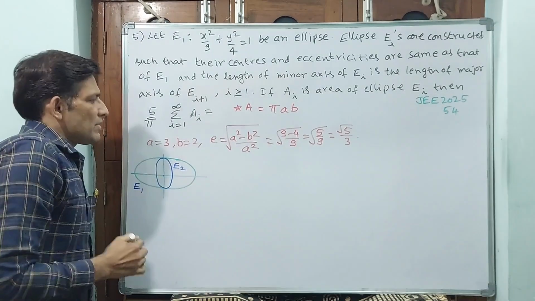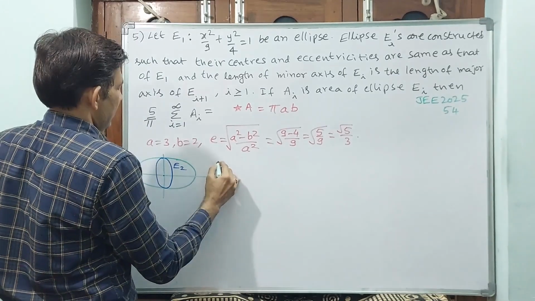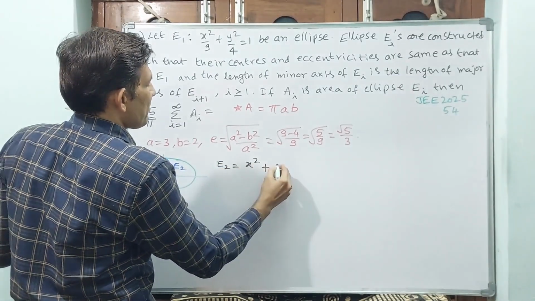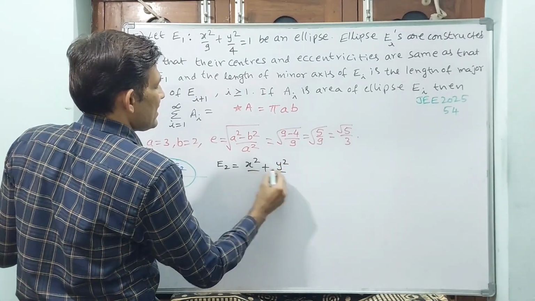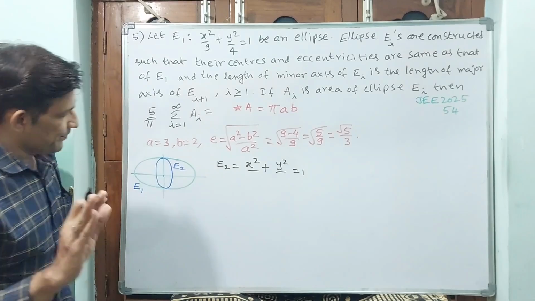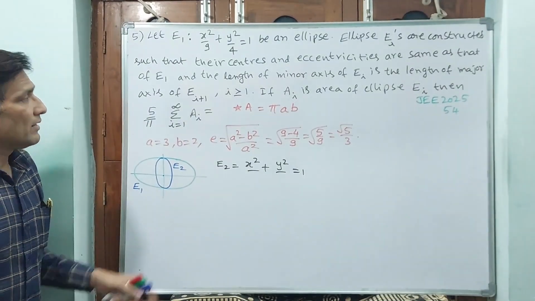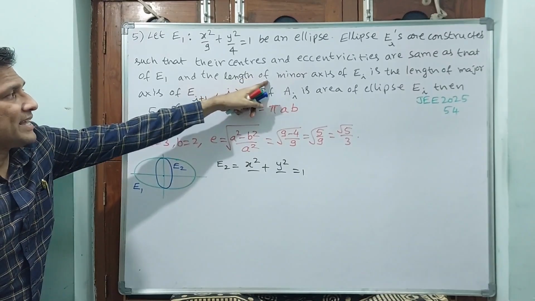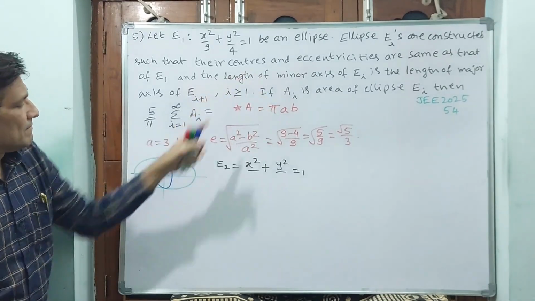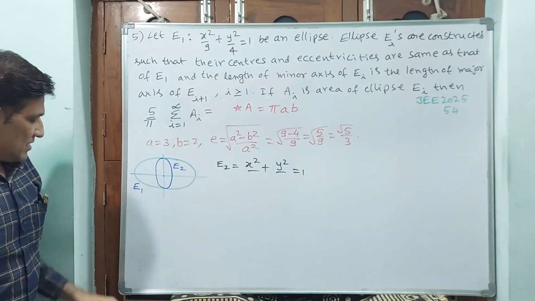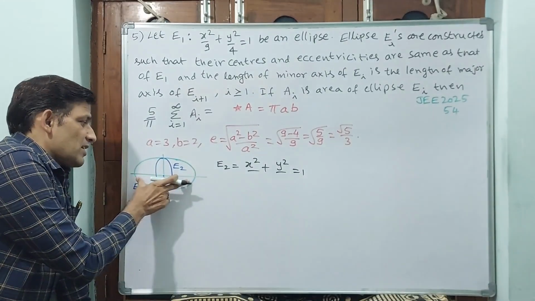That means now I am writing E2. How do I write it? Not the standard x square plus y square equal to 1, observe carefully. For E2, the major axis is on the y axis. For E1 the major axis is on the x axis.